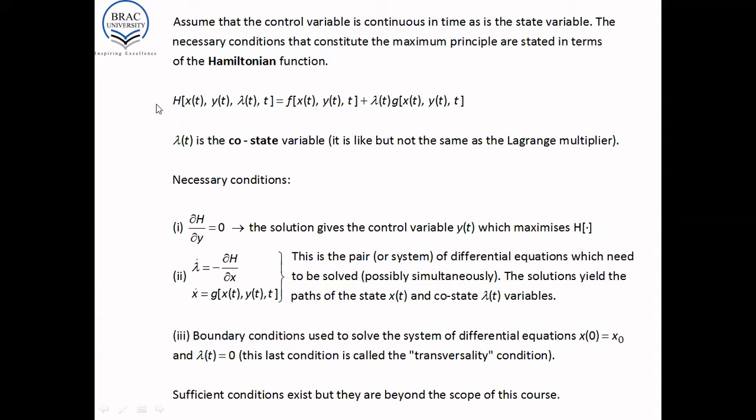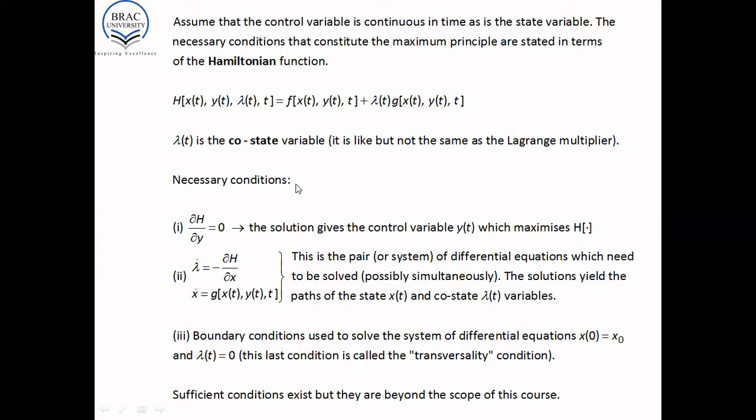So the Hamiltonian function H, which would be a function of x of t, y of t, lambda of t and t, is equal to f of x t, y t, and t, plus lambda t multiplied by g of x t, y t, and t. Lambda t is the co-state variable. It is like, but not exactly the same as, the Lagrange multiplier, but it has a very similar interpretation.